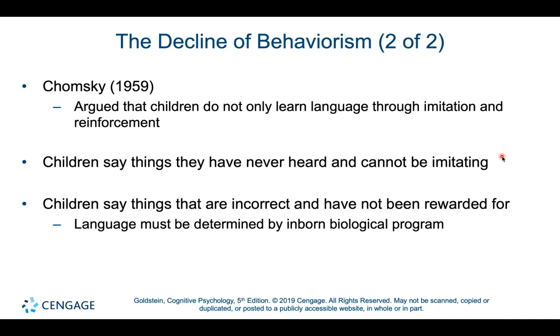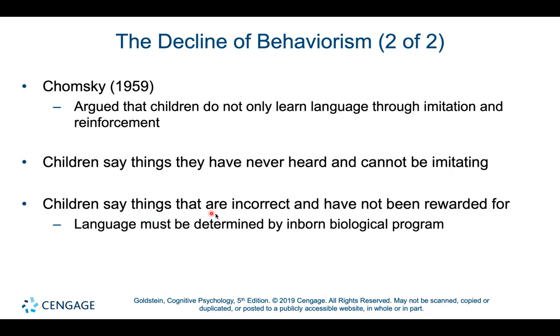One of the most widely published and cited thinkers and scientists of all time. He basically showed that children do not learn language solely through imitation and reinforcement and conditioning, because children come up with things that they've never heard, right? They produce sentences and ideas that no one has ever said to them before. So they can't be simply imitating and then receiving reward.